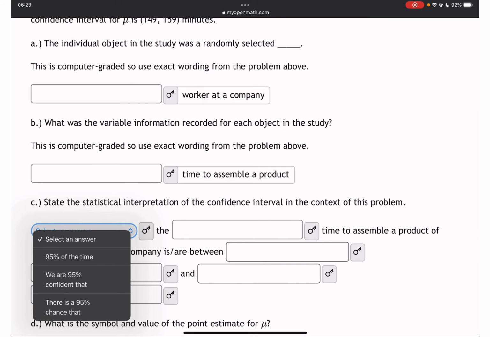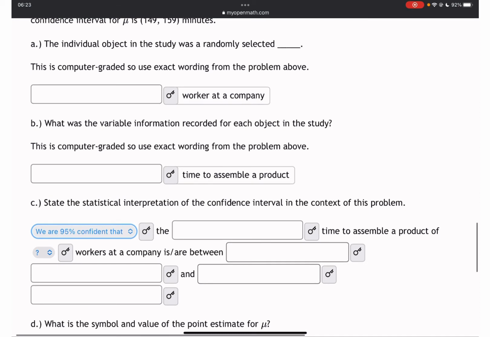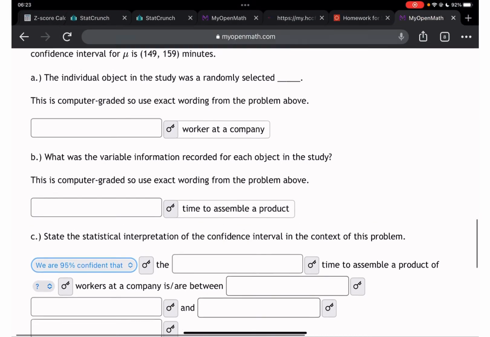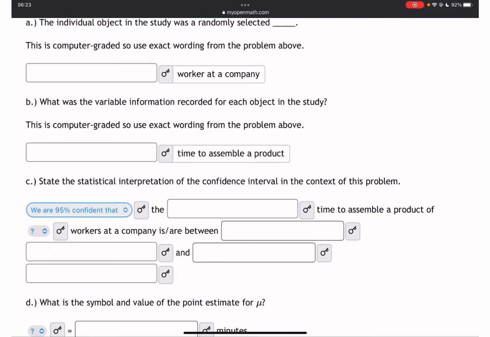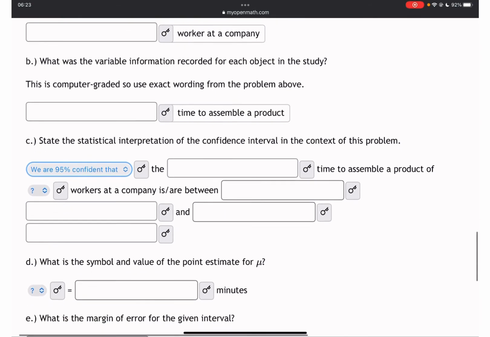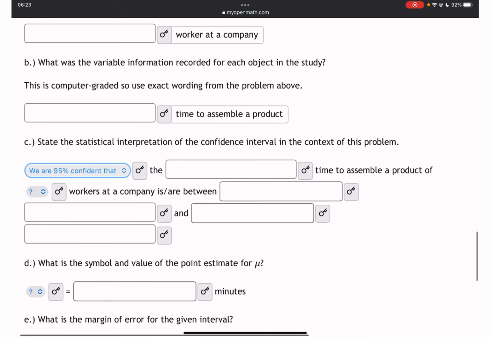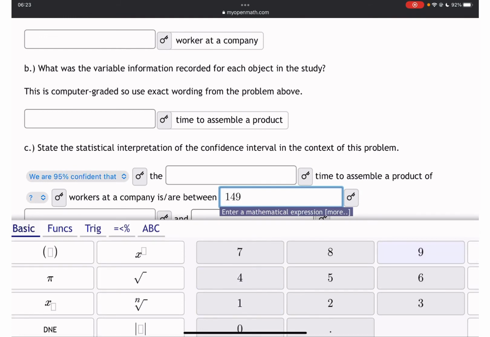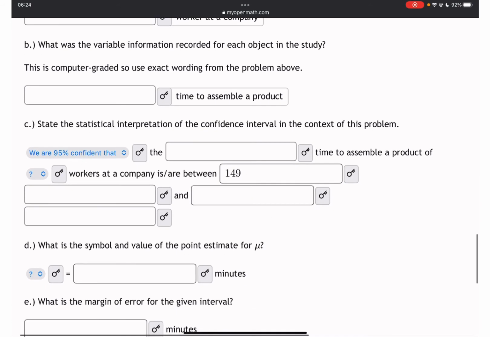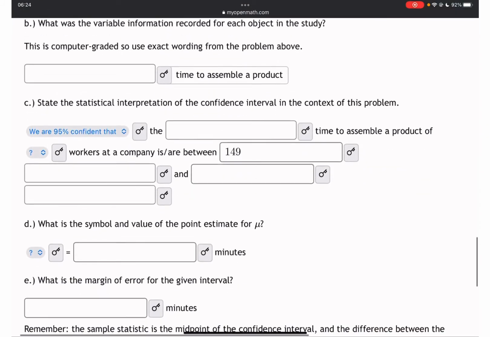We are 95% confident that the mean time to assemble the product by workers is between, how much do we have here, 149 and 159 minutes.